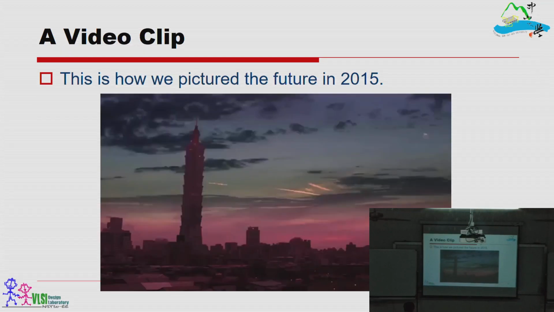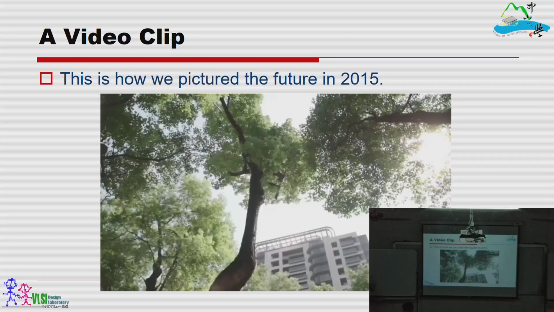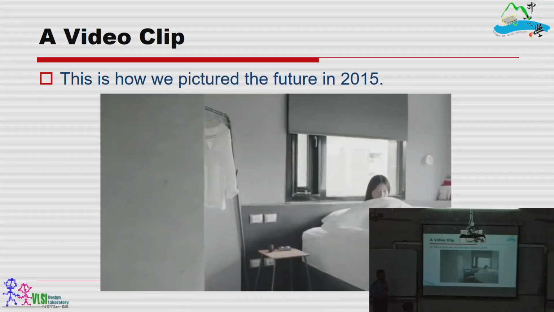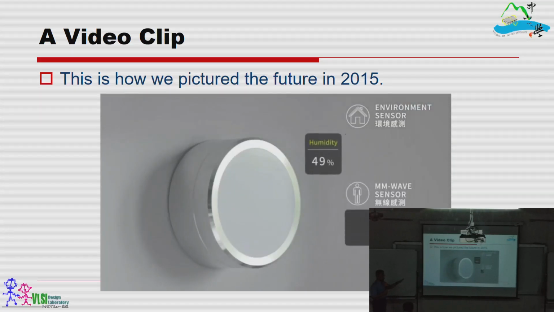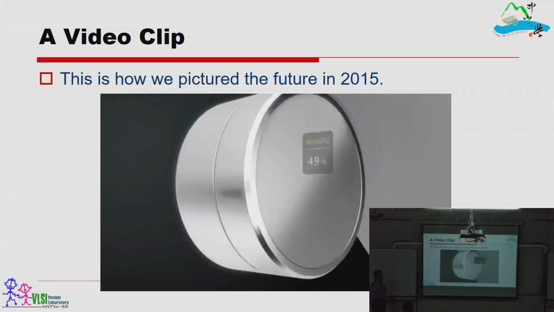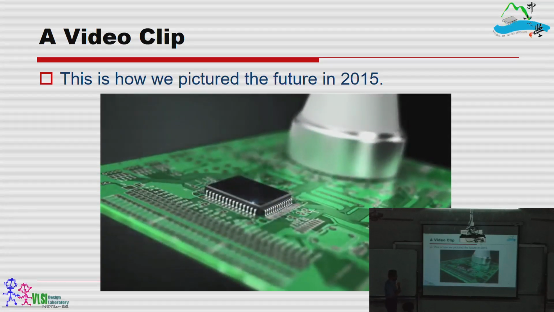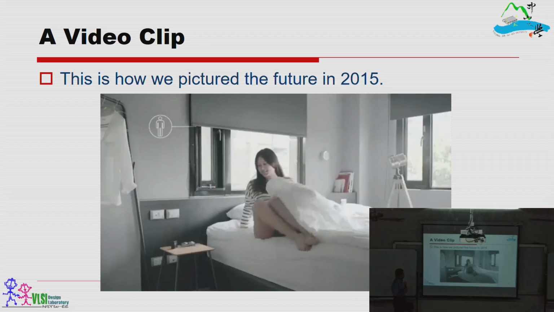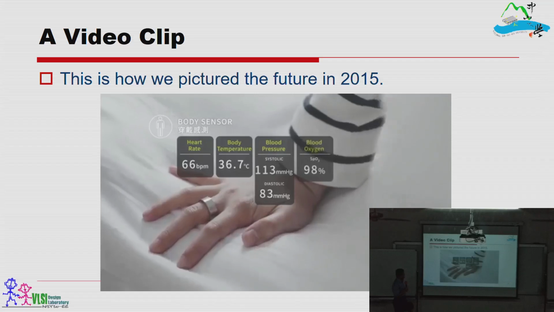And this is a video that we took about 7 years ago. About 7 years ago, 10 years ago, we predicted that this is what would happen. And some of them already exist. This is called environmental factor savings. Right now, it's very popular everywhere. You get up, there are fewer people.